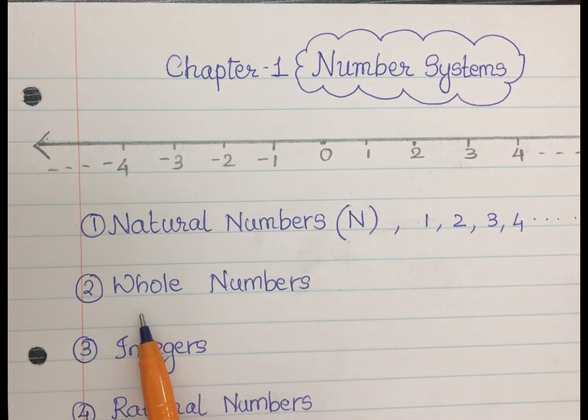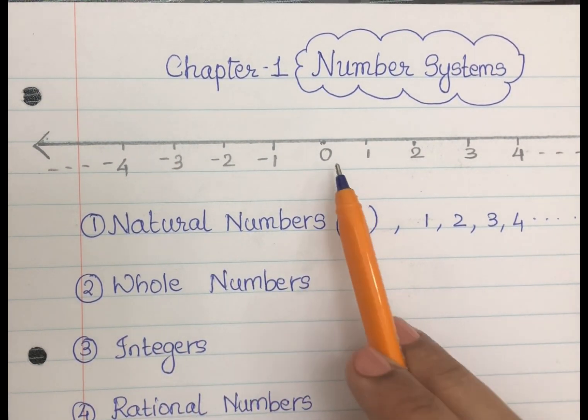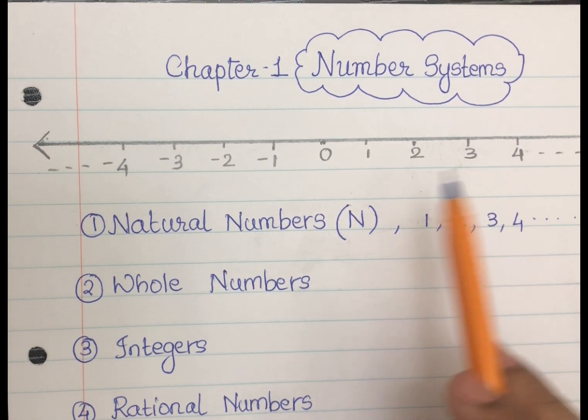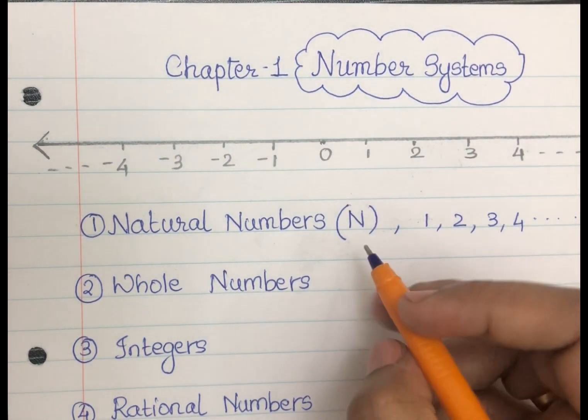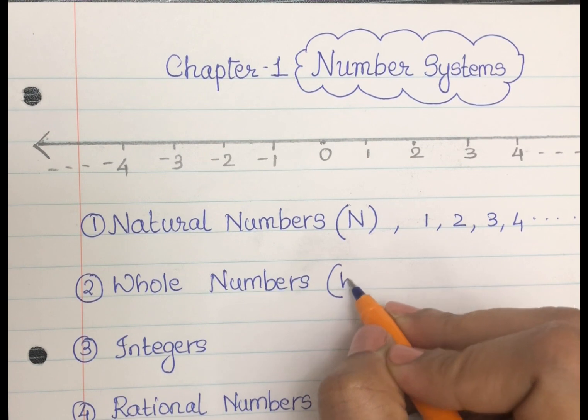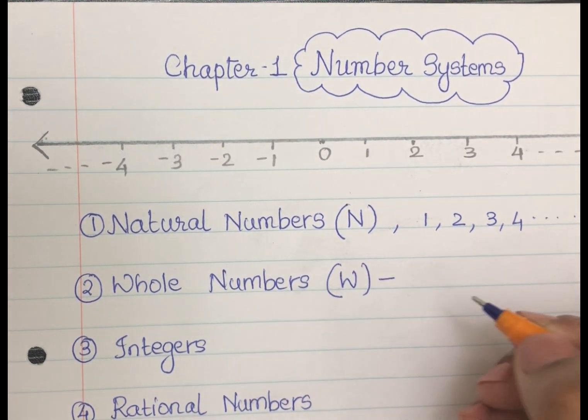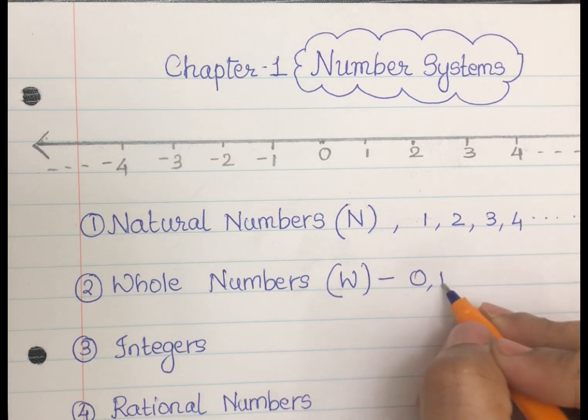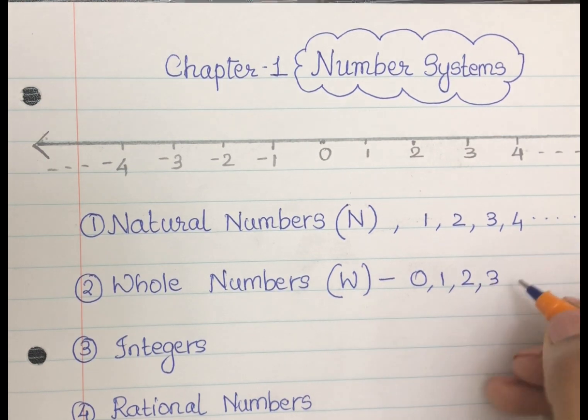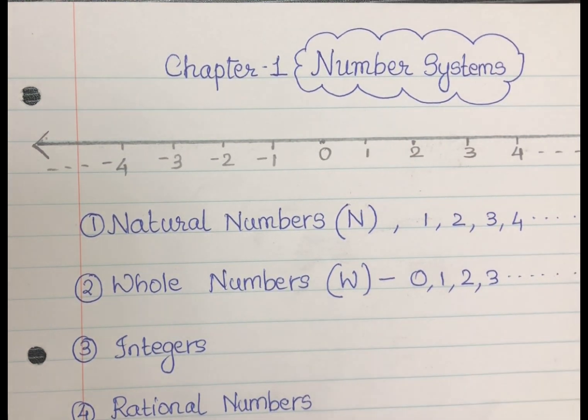The next category is the whole numbers. You all know that when we add 0 to the natural numbers, we get the whole numbers. We denote whole numbers as W. So the whole numbers is 0, 1, 2, 3 and so on.